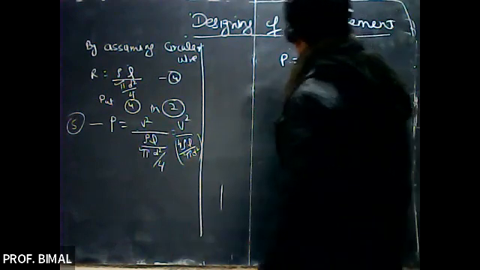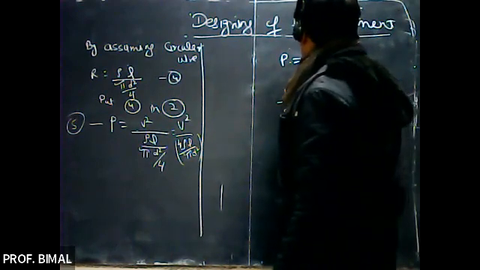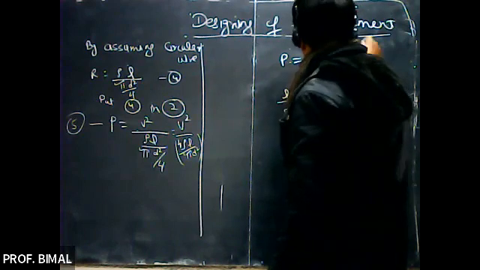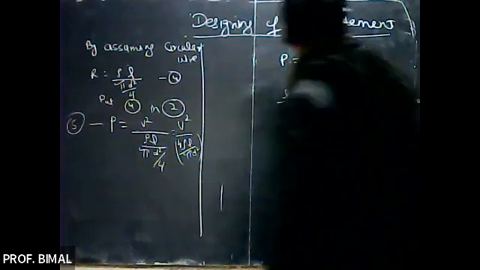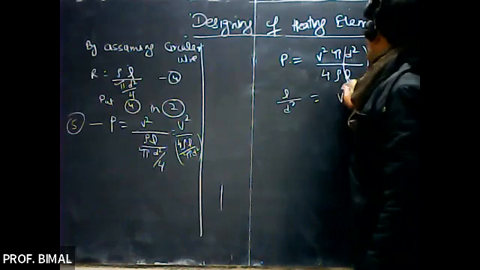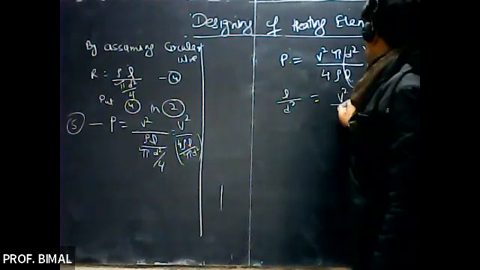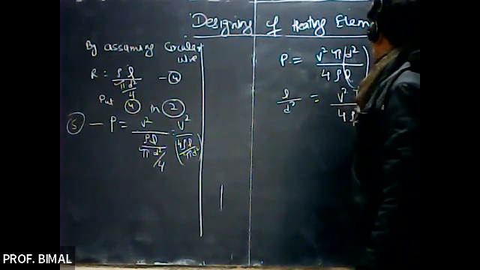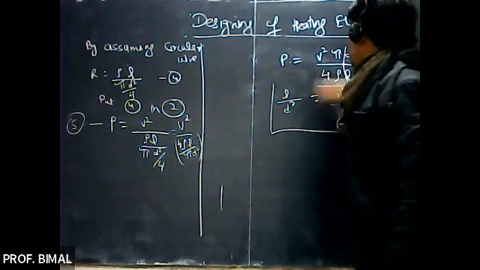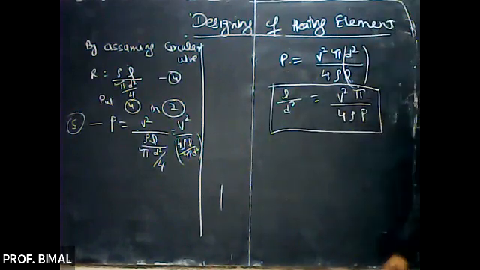So from this, L over d square, this term will be moved on the other side. So this will be V square pi over 4 rho P. So L over d square will be given by V square pi over 4 rho into P.